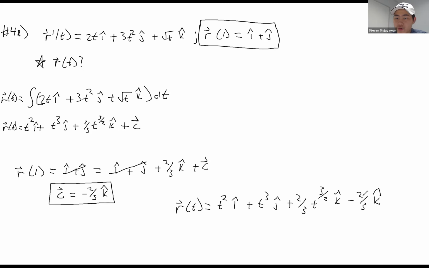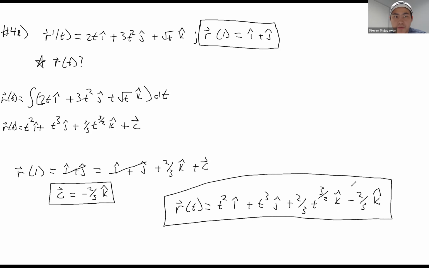And again, you can group these two into one factor if you wish, but yes, that is going to be the answer for 41. Okay. All right. Any questions so far involving integrals?